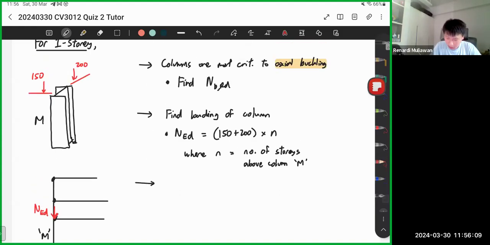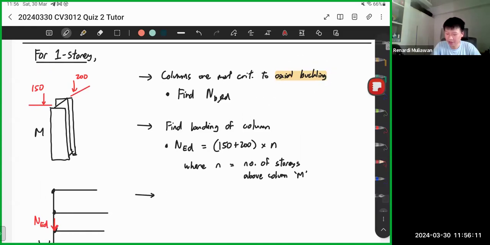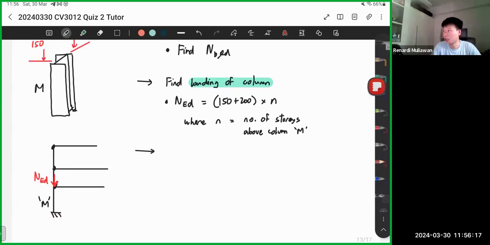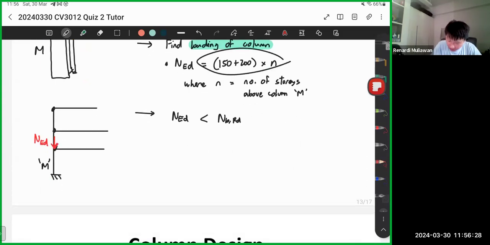Now we have the axial buckling resistance. Now we have the loading of the column. So what do we do to find the number of stories? We just use an inequality. The loading of the column must always be less than the resistance. In this case, it's 350 times N. So this value must be less than the resistance.